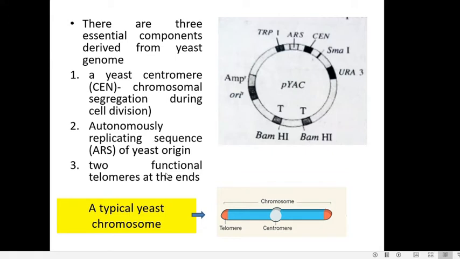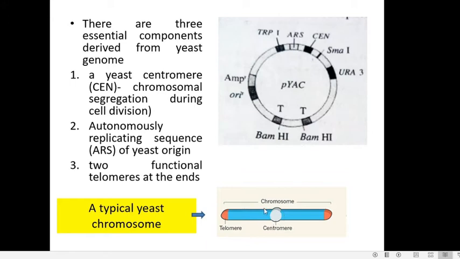Then it has also got two functional telomeres at the end. So this is the telomere sequence, this is another telomere sequence. So if the vector is cut here with the help of BamHI enzyme, the vector will be cut here and this will become linear. So one T will be here and the other T will be here. So it will behave exactly like a chromosome with T at each end and CEN at the center.